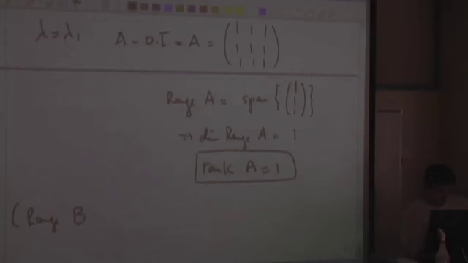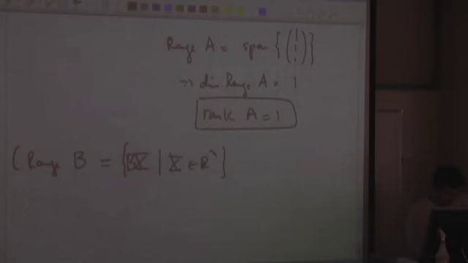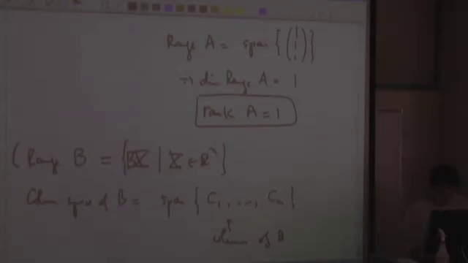For any matrix B, the range of B is the same as the column space. So the range of B is defined by all images through B of vectors in R^n, right? The column space of B, I said, is the linear combinations of the columns of the matrix. Why are they the same?